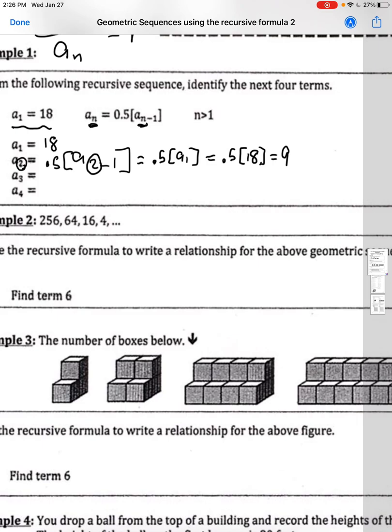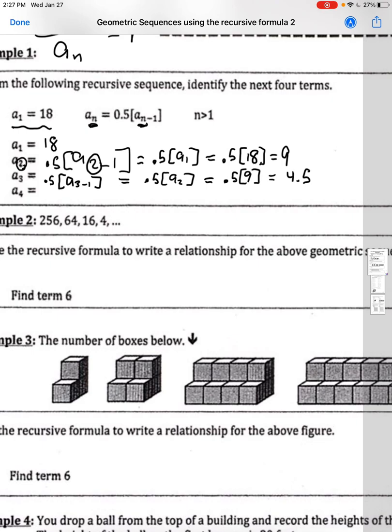Now similarly, we can do the same thing for the other two values. A3 is 0.5 times A of 3 minus 1, which becomes 0.5 of A2, which gives us 0.5 of 9, which is 4.5.